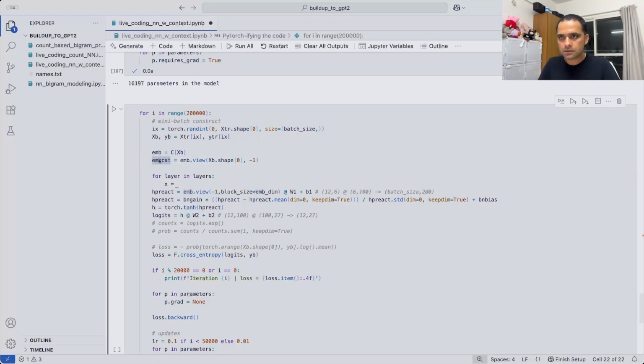Let's see this. x equals cross entropy of x, keep on updating this.